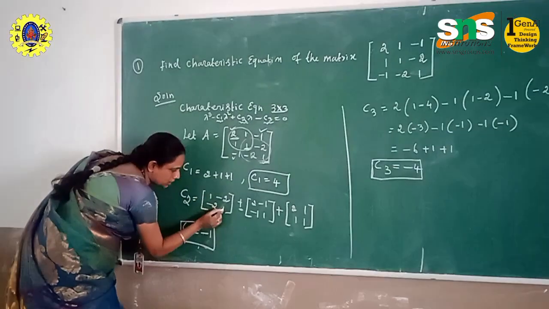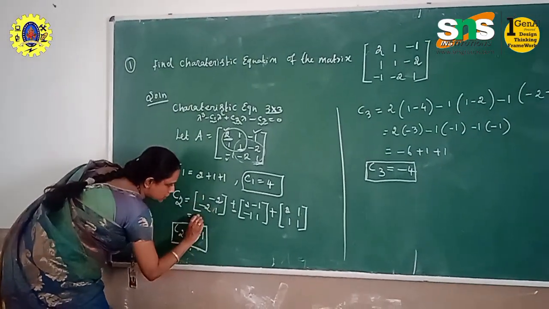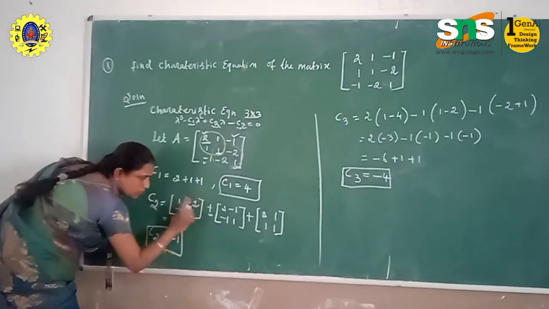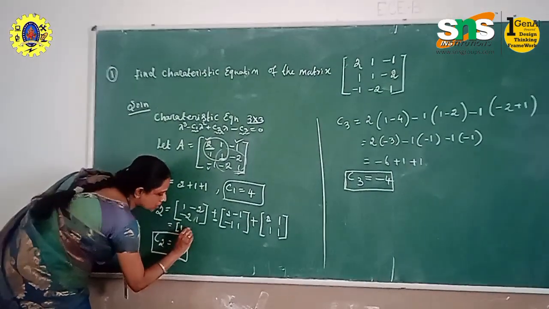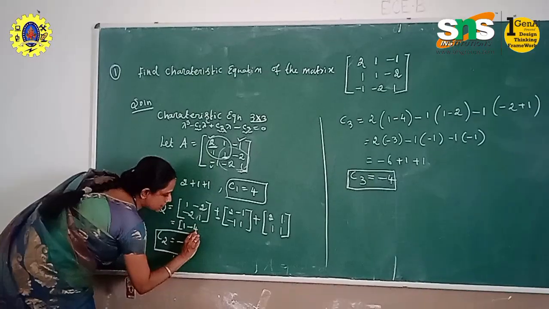Next we find the determinants. 1 into 1 is 1, minus 2 into minus 2 is plus 4, with the formula minus, so minus 4.